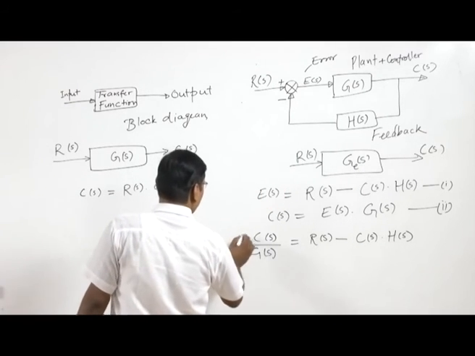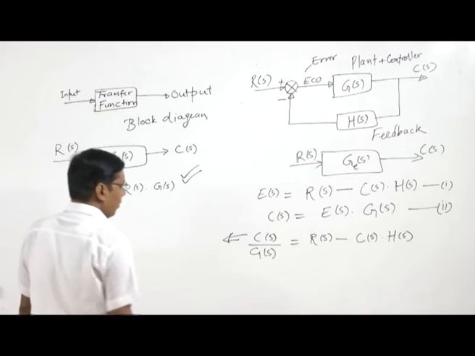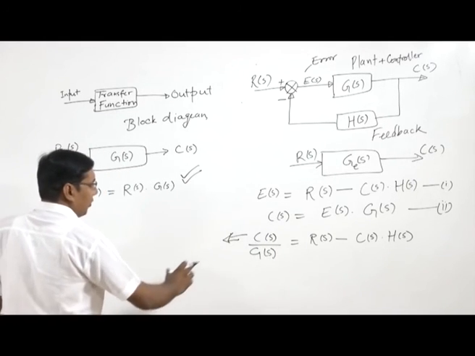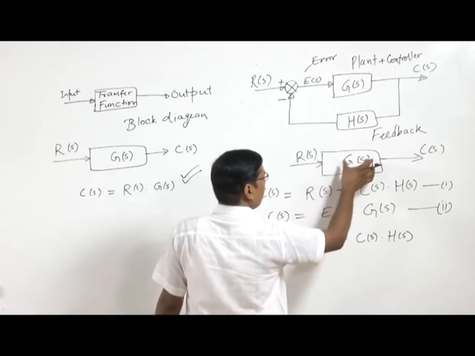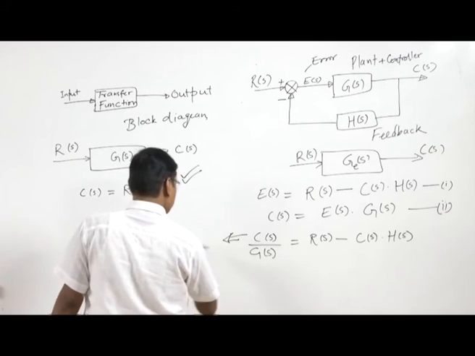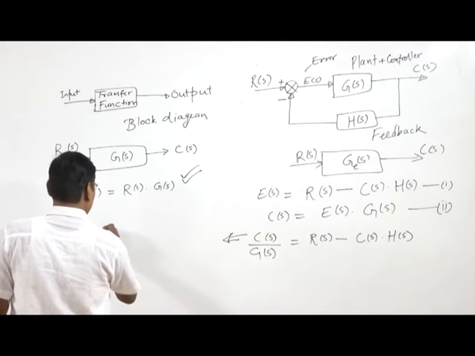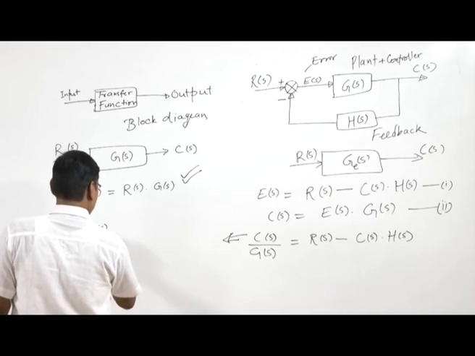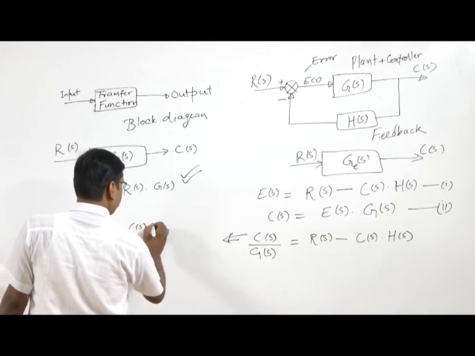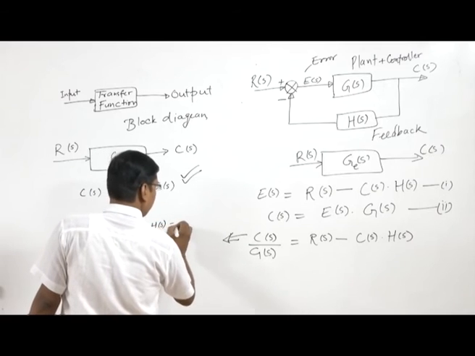So from here we separate the C(s) terms and R(s) terms, because we want this. So C(s) by G(s) plus C(s) H(s) equals R(s).